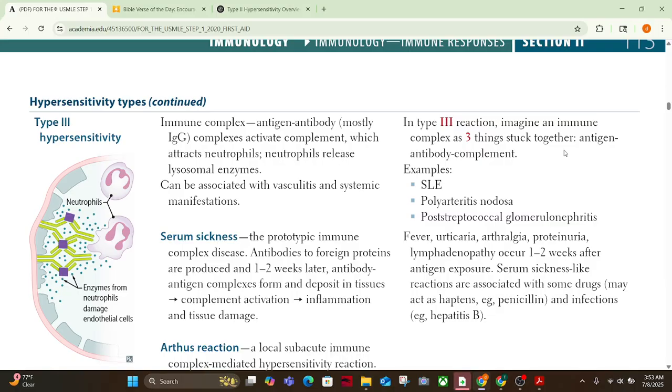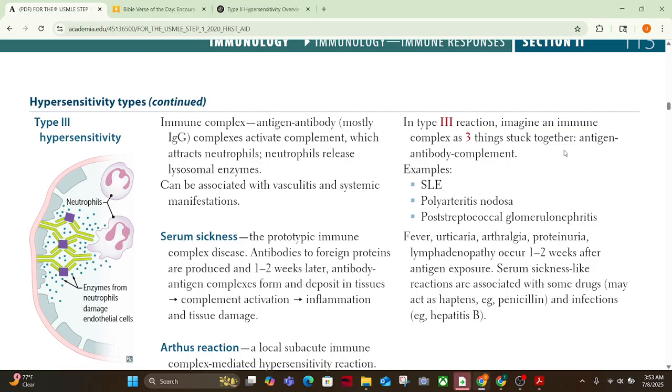What happens first is that antibodies to the antigen are formed, and then antigen antibody complexes form, and then these antigen antibody complexes deposit in the tissue, causing complement activation and then inflammation.